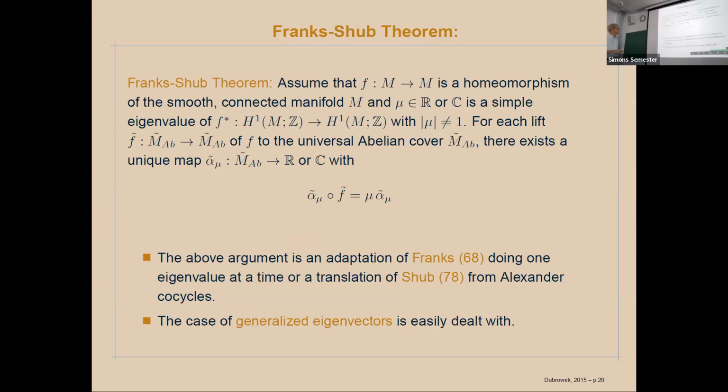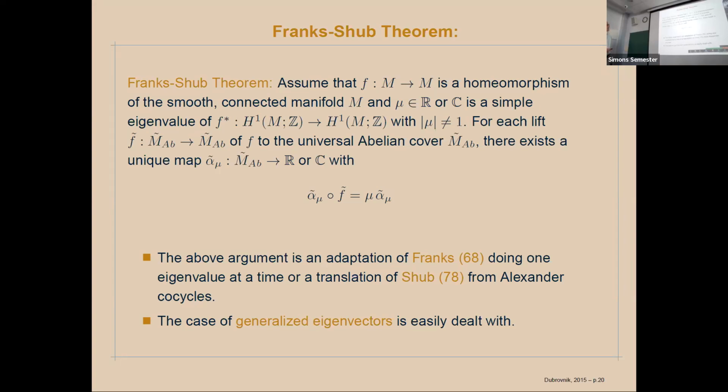All right, so here's a statement of the theorem. As I say, the argument goes back to Frank's, and Mike Schub had a paper using Alexander cocycles, which basically does something similar from a very different point of view. Let's stick to the homeomorphism case. We have a smooth connected manifold. We have an eigenvalue, either real or complex. It turns out it's easier to work with cohomology.